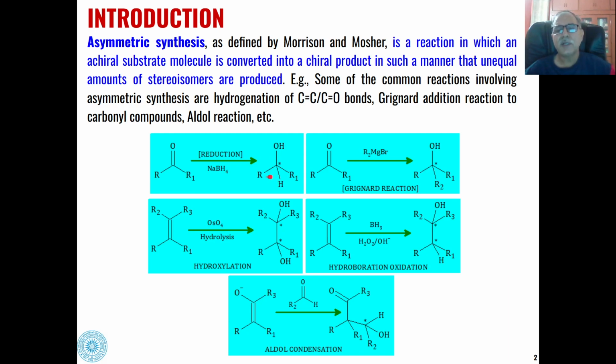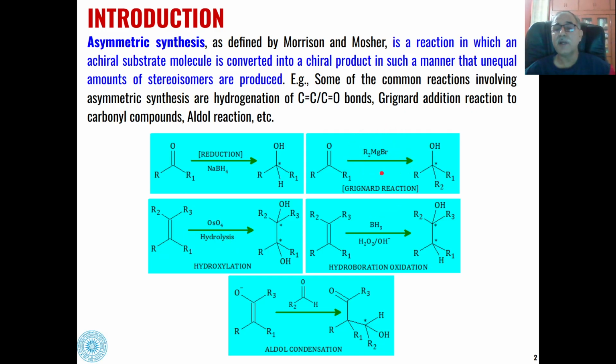And the stereoisomers which are formed during the reaction are formed in unequal amounts, so that the product formed is asymmetric in nature. Some of the common reactions in asymmetric synthesis may be reduction of carbonyl compounds, then oxidation followed by hydroxylation of alkenes, which can lead to the formation of asymmetric centers in achiral alkenes.